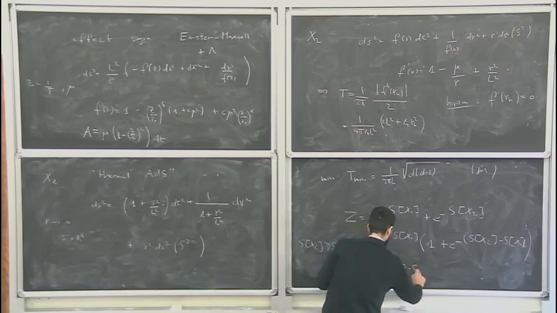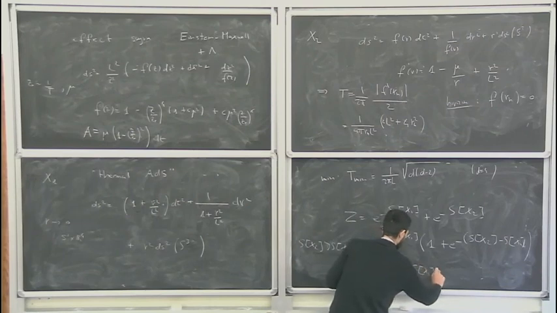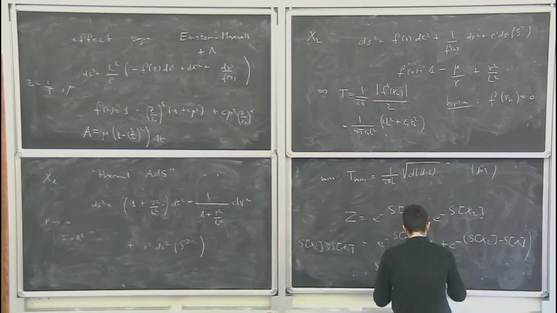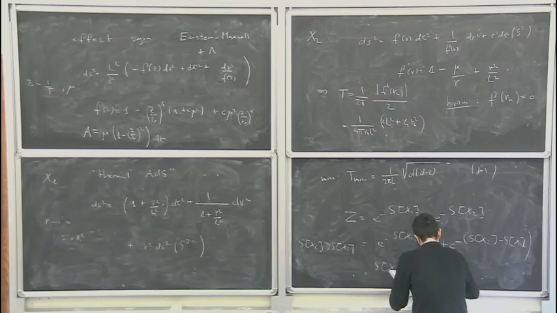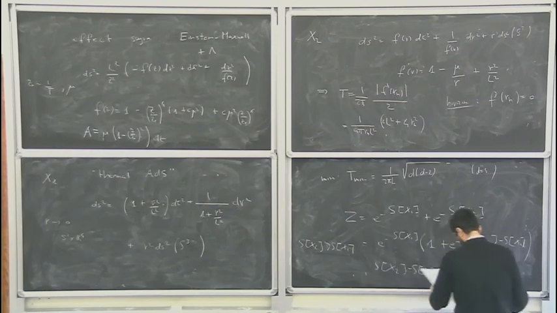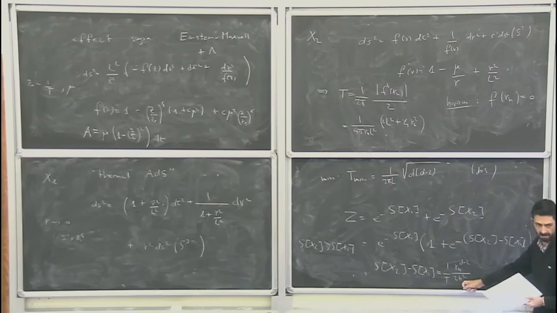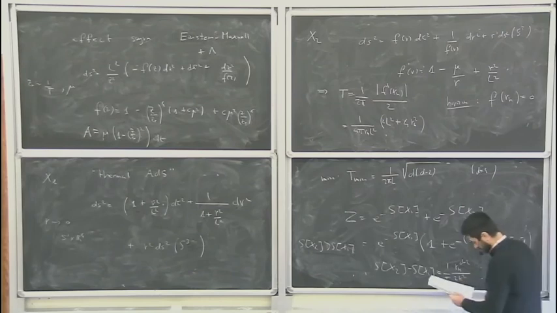So S of x2 minus S of x1 is equal to 1 over T, r horizon to the d minus 2, k square. This is the G Newton coefficient.